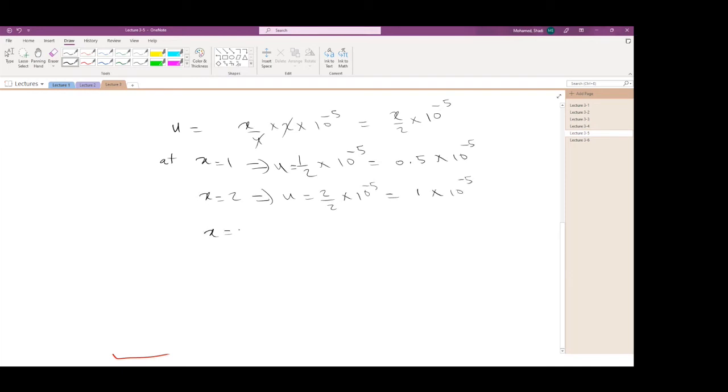And at x equal to 3.5, you have u to be 3.5 divided by 2 times 10 to the power minus 5. 3.5 divided by 2 is going to be 1.75 times 10 to the power minus 5. And these are all in millimeters.